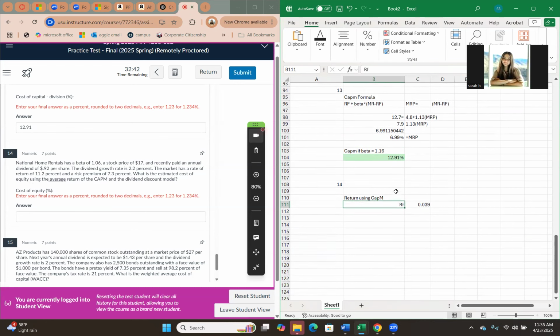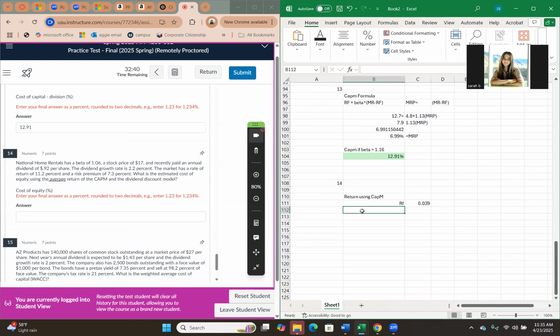And then I've got the beta, which is 1.06, and then the MRP is 7.3%. Does that make sense, what I've done? The market risk premium is 7.3.